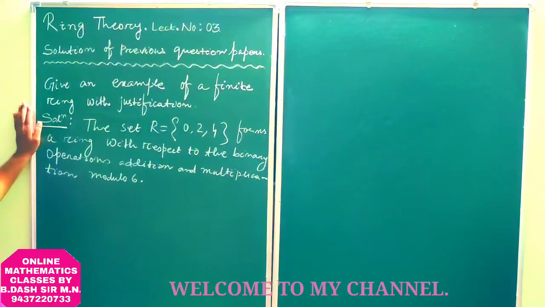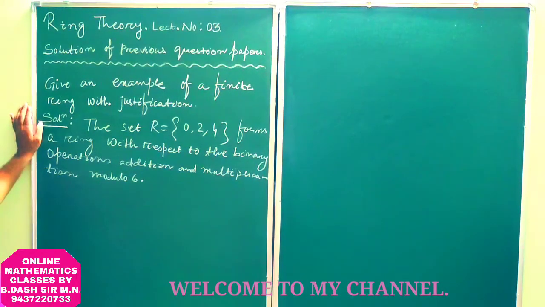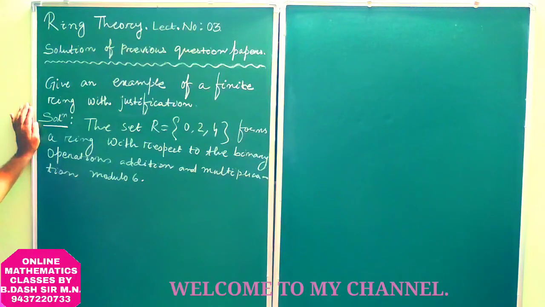The set R is equal to {0, 2, 4} forms a ring with respect to the binary operations addition and multiplication modulo 6.